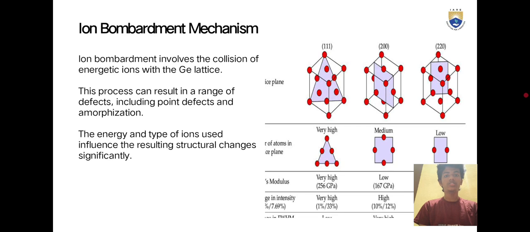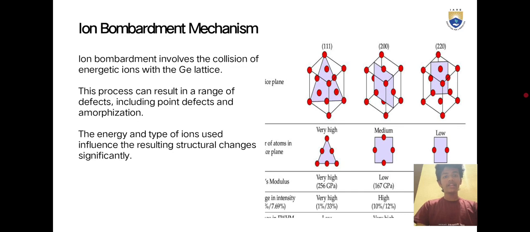In the next slide, we can see the ion bombardment mechanism. The ion bombardment mechanism involves the collision of energetic ions with the germanium lattice. This process can result in a range of defects, including point defects and amorphization.